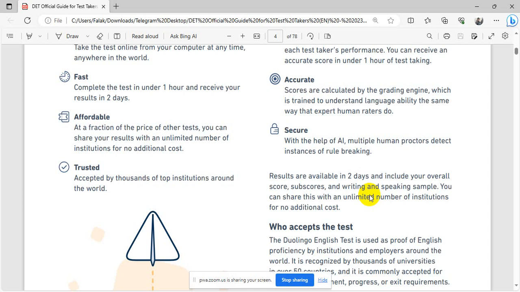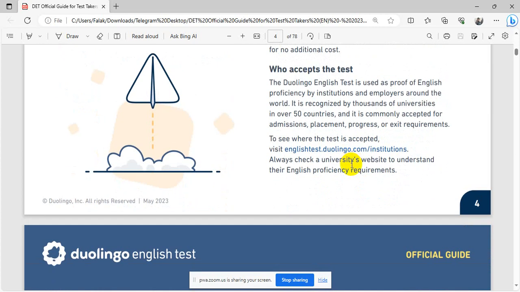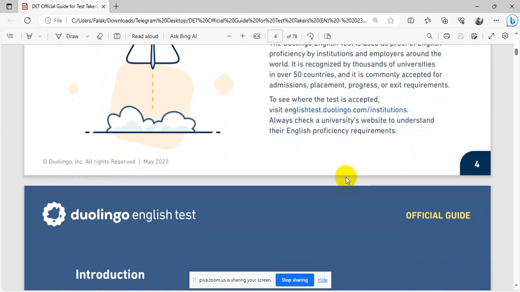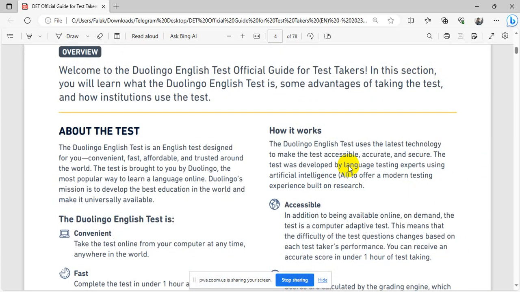There is the website, and on the website, search for their English proficiency requirements. There they will tell you whether they accept Duolingo or not. If they accept Duolingo, how many scores do they desire? For example, is it more than 120? Is it more than 130? All this information is on the websites of universities, and you can find it there. So that was all about the Duolingo test that we have.